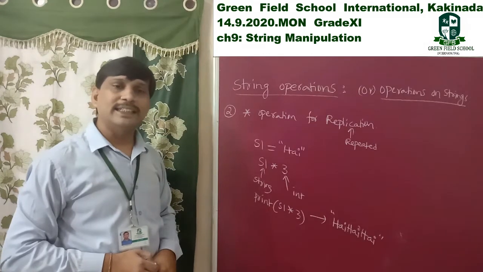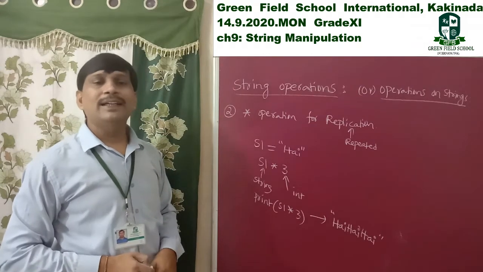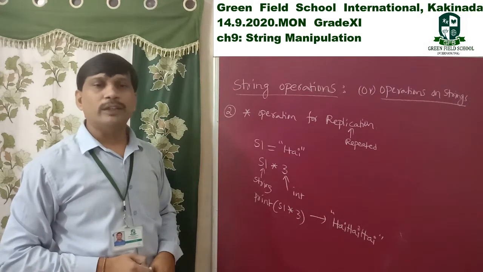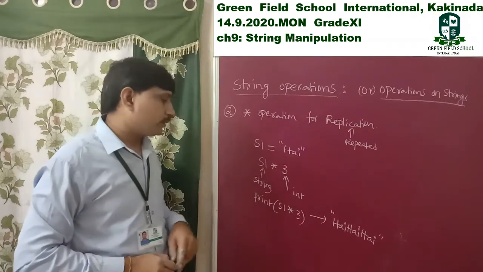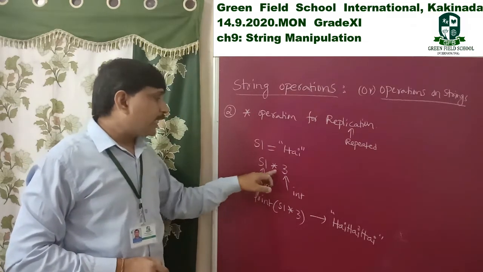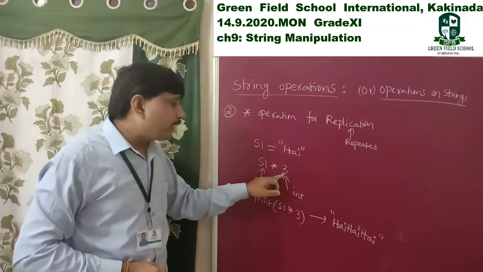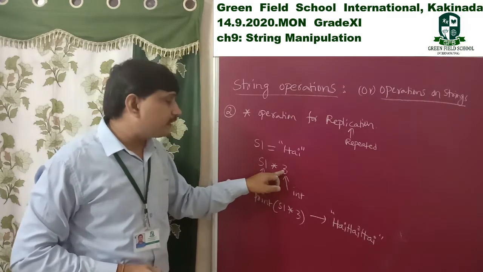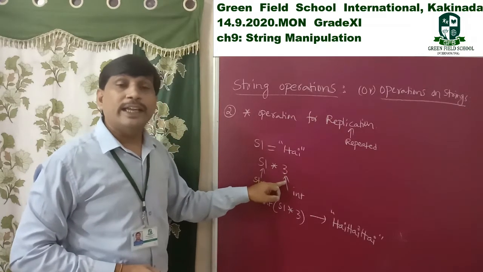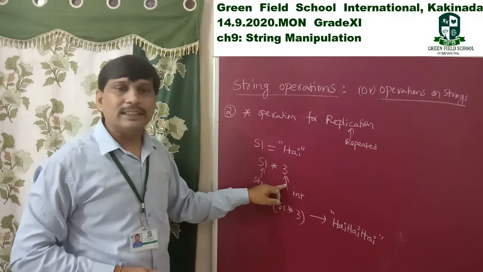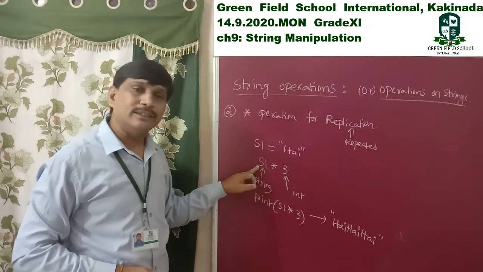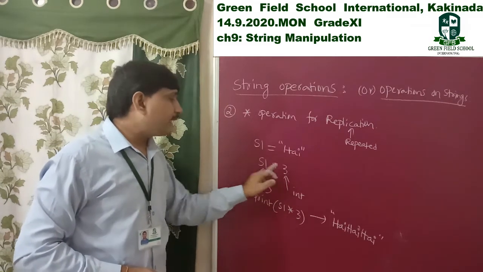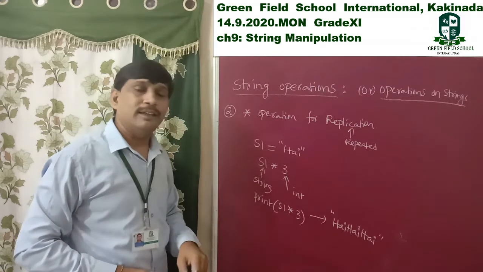So this is the concept of replication or repetition. Understood my point? When we observe this star operation, how many times we repeat must be an integer, and this one is a string. That's why it displays this string repeated 3 times.